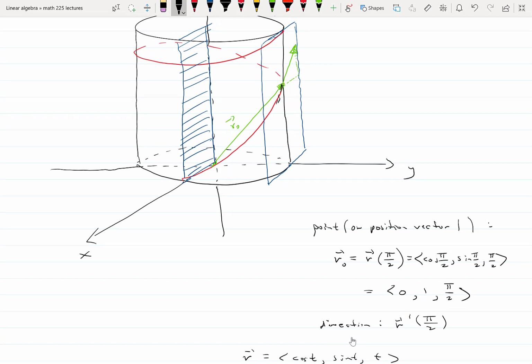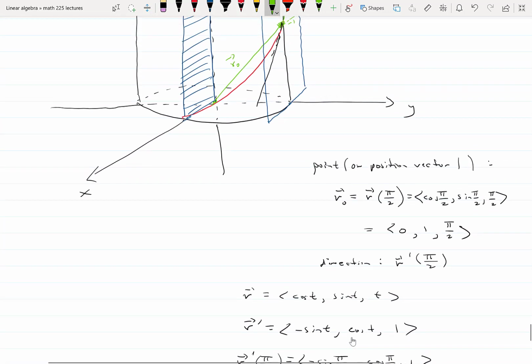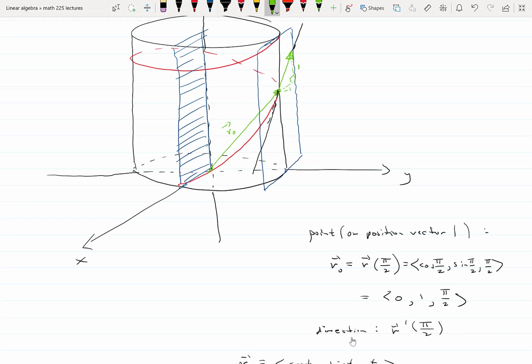Here's the tangent line. It's actually turning out better than I thought. Okay. I'll draw a little negative 1 for the x component of the tangent, and positive 1 for the z component. Worked out sort of okay.